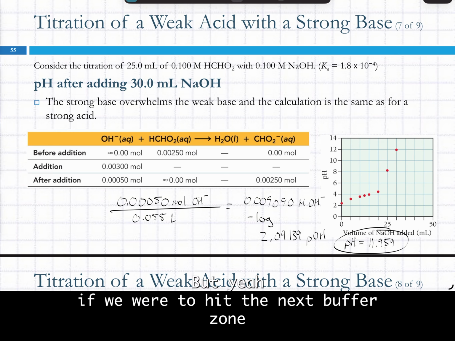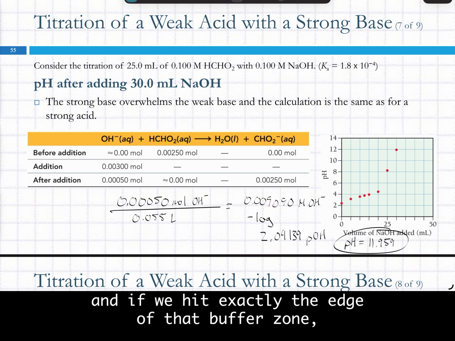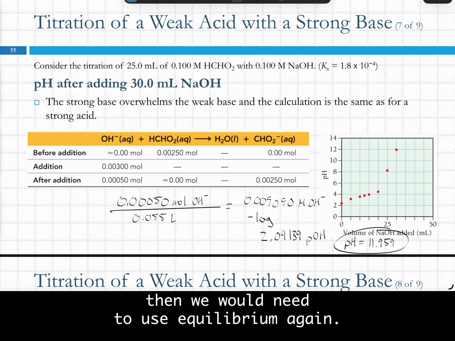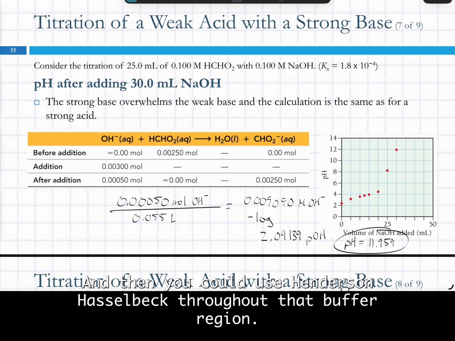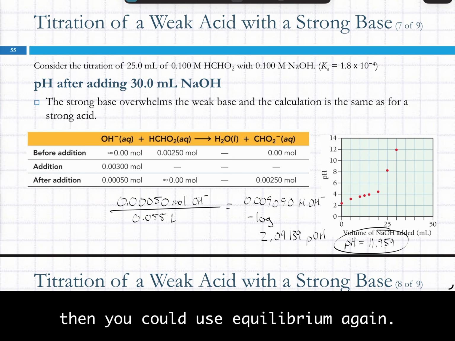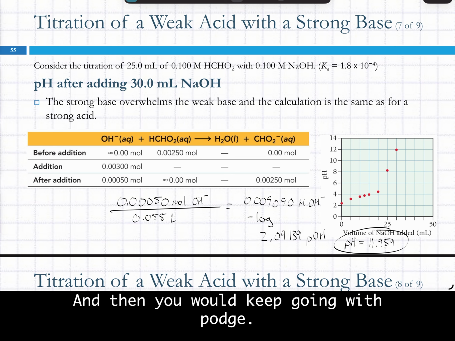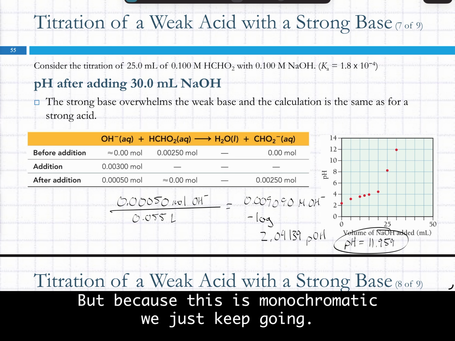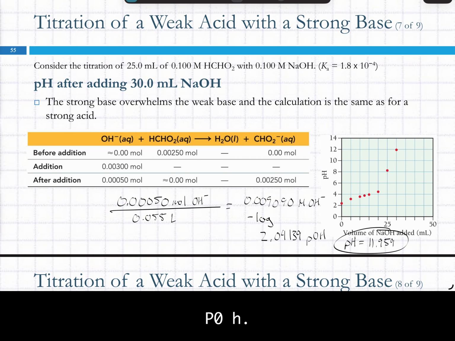But if we were to hit exactly the edge of that buffer zone, then we would need to use equilibrium again. And then you could use Henderson-Hasselbalch throughout that buffer region. And if you got exactly to the other side of that, then you could use equilibrium again, and then you would keep going with pOH. But because this is monoprotic, we just keep going with pOH.